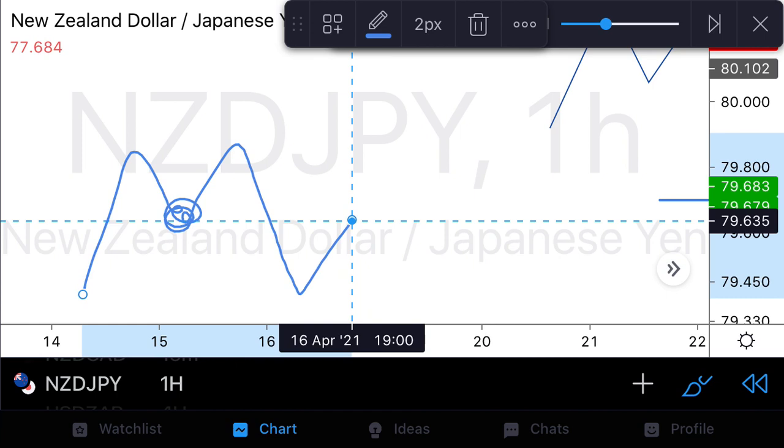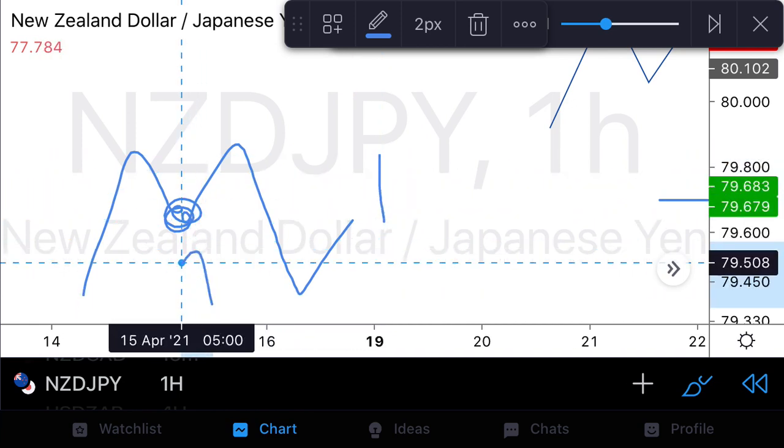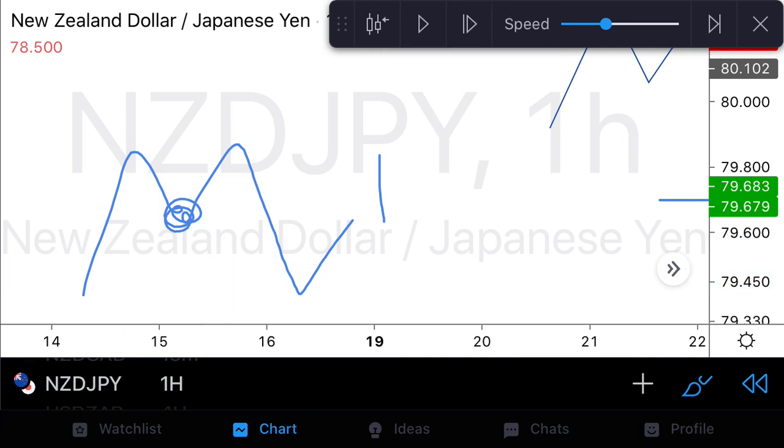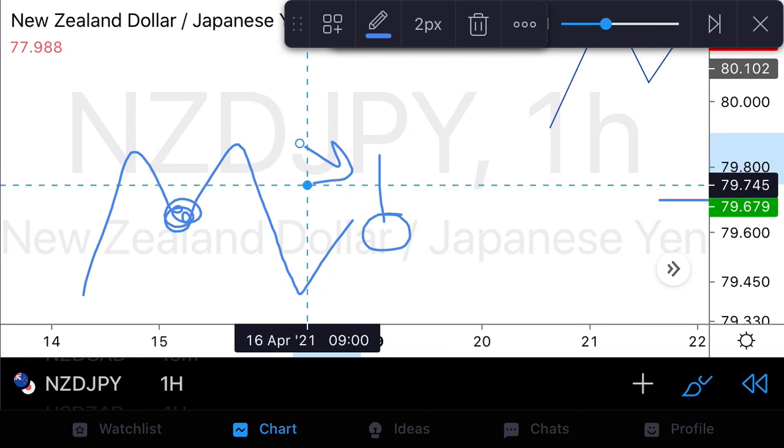First of all, we need to see a rejection from this previous resistance area, either in the form of, I don't know, a lot of things can give this rejection, but most commonly you'll see those bearish pin bars, or those candles with a bigger wick than a body to the upside. That shows us a rejection from a level.